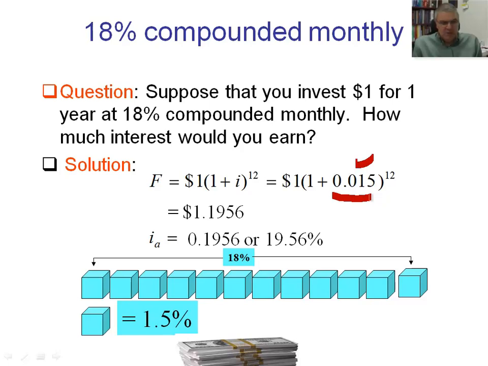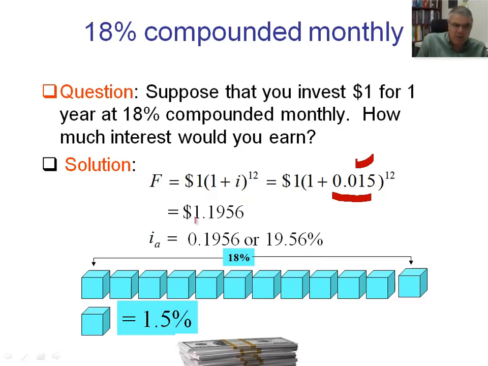So if you do the calculation using the formula that we discussed last time, future value is P multiplied by (1 plus i) to the power n. Suppose that you invest $1 for 1 year at 18% compounded monthly. How much interest would you earn? This is how we get confused over these interest rates, by not using these formulas. If we follow the calculations, again, there's no magic involved with this.